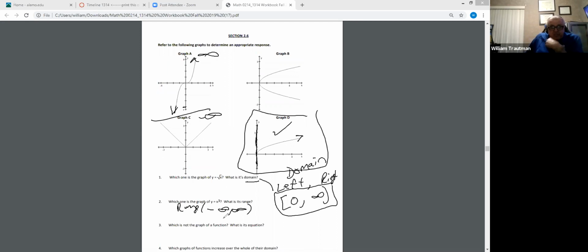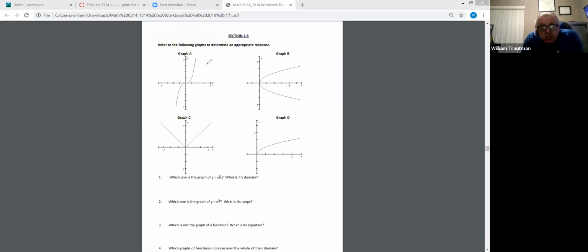Question 3 says, which is not the graph of a function? Which ones are not a function? A, B, C, or D? Anybody know which ones are not a function? B is not a function.